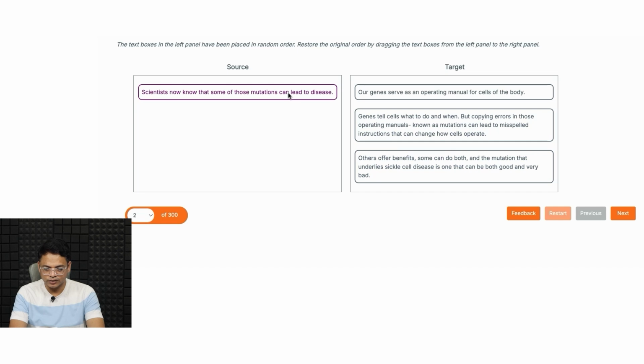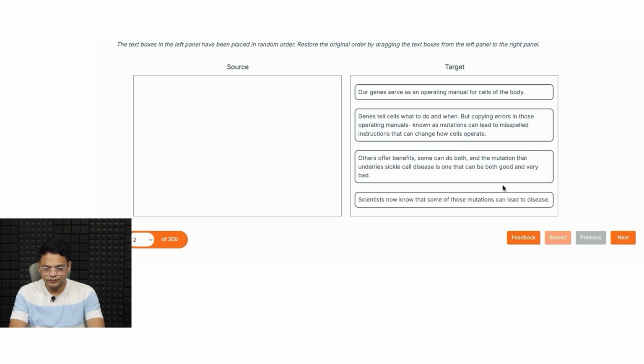Okay, the fourth one should be this. Scientists now know that some of those mutations can lead to diseases. Others offer benefits, some can do both. And the mutation that underlies sickle disease, guys, please, leads to disease.